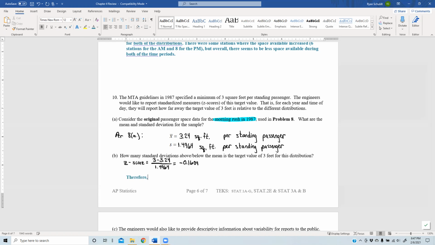We can say, therefore, the target value of 3 feet is 0.1604 standard deviations below the mean. Okay, there's that one.